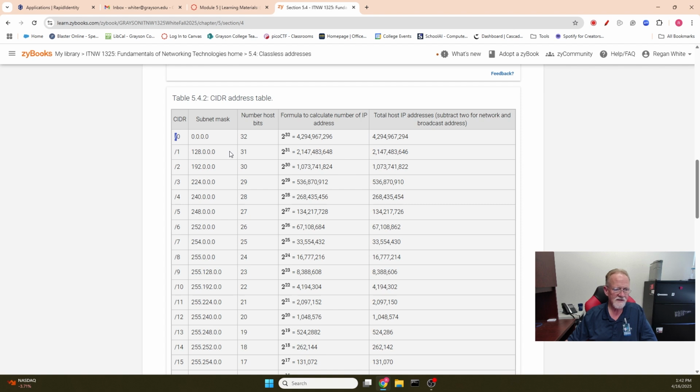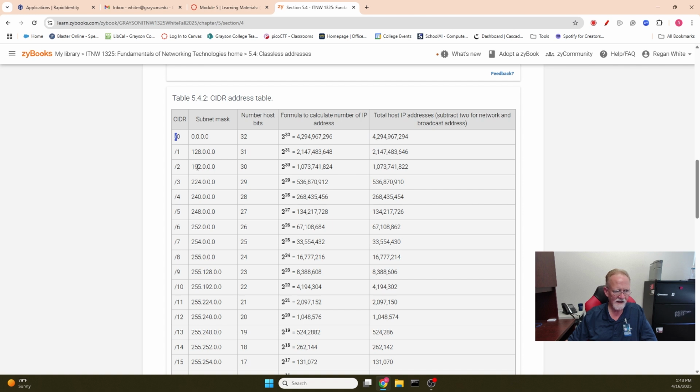/1, basically, you've got the same thing. 31 host bits, which means you only have 1 network bit. This first digit up here would be a network bit if this were converted into binary. So 128 converted to binary is going to leave all the rest of these as zeros. So you're going to have 31 host bits. That means almost everything is going to be a host bit.